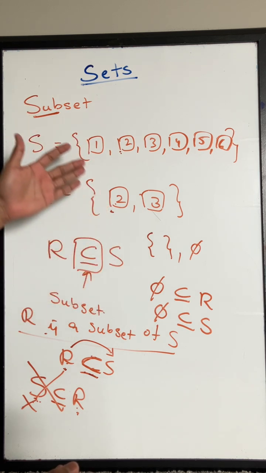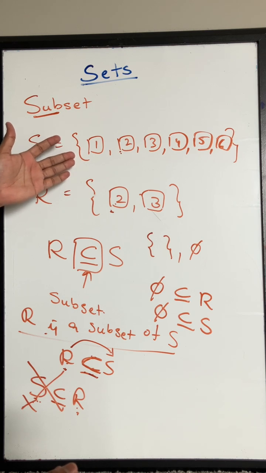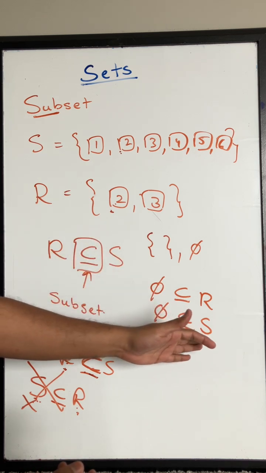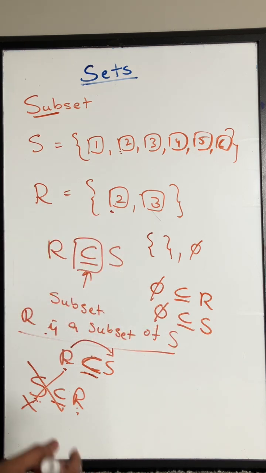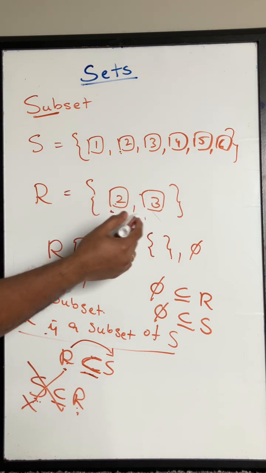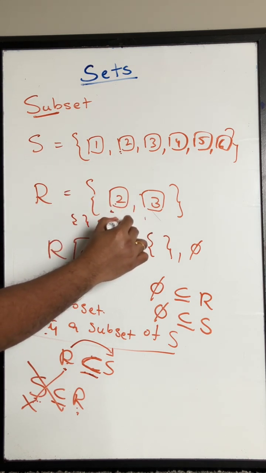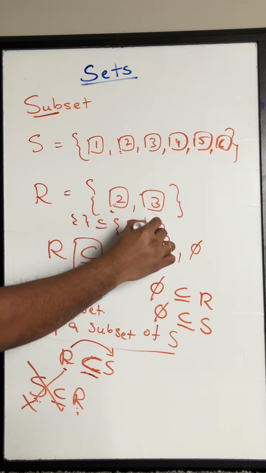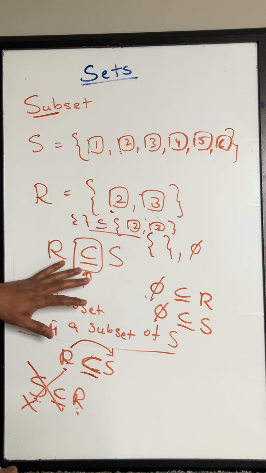So the empty set is always a subset of any set. The empty set is always a subset of S, and always a subset of R, even though R has the elements 2 and 3.